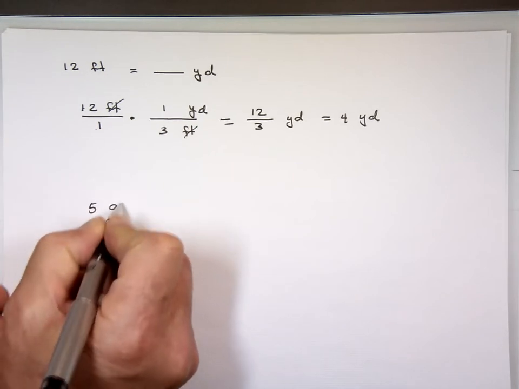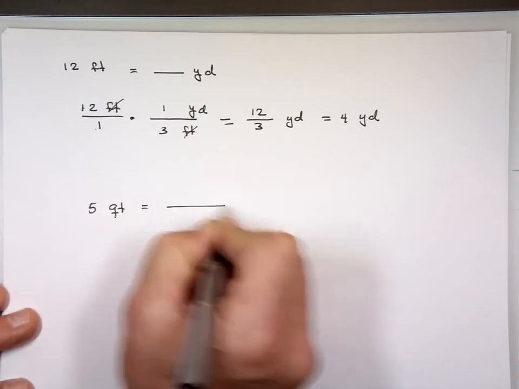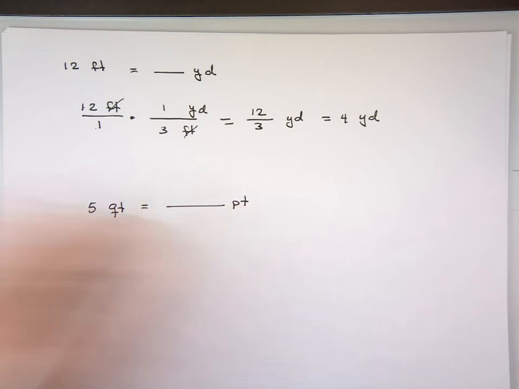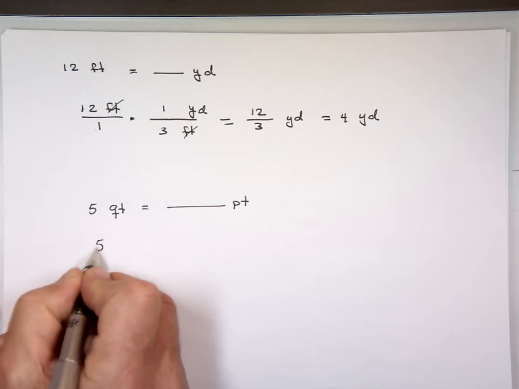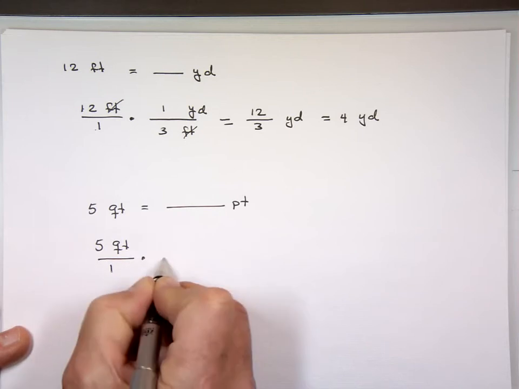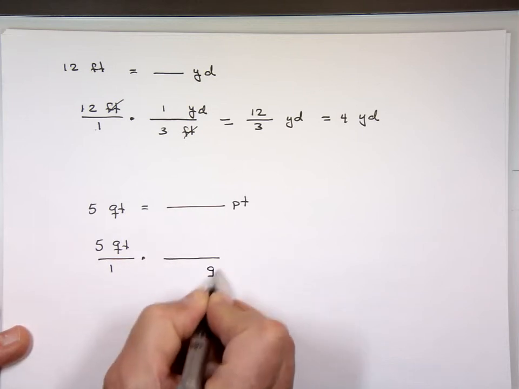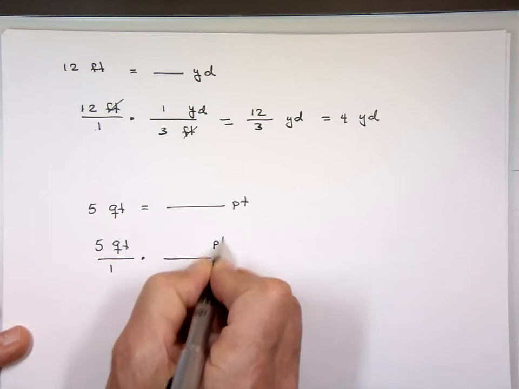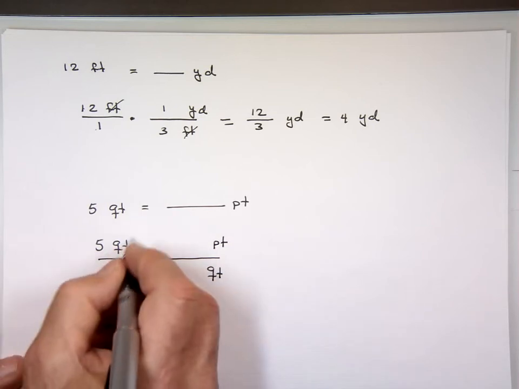Five quarts, I want to change that to pints. Again, I'll make it a fraction. 5 quarts over 1. Since quarts are on the top, I want quarts on the bottom. Pints on the top. So the quarts will cancel the quarts.